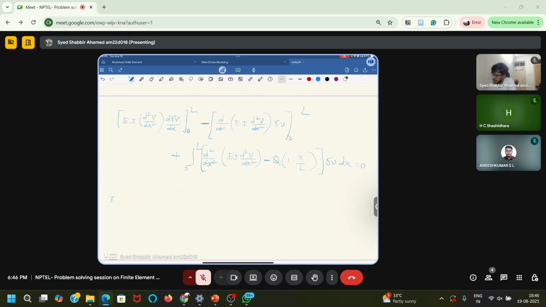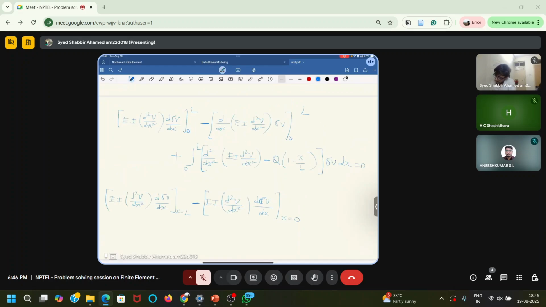So EI d²v/dx² d(δv)/dx at x equals L minus EI d²v/dx² d(δv)/dx at x equals 0.